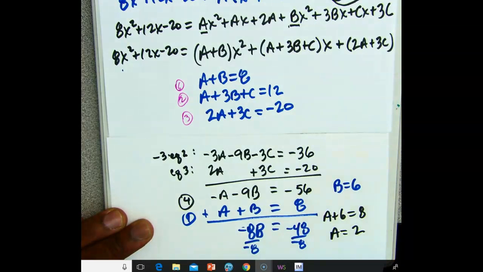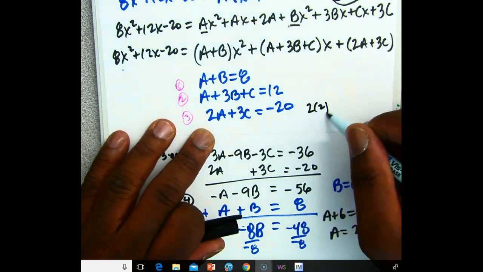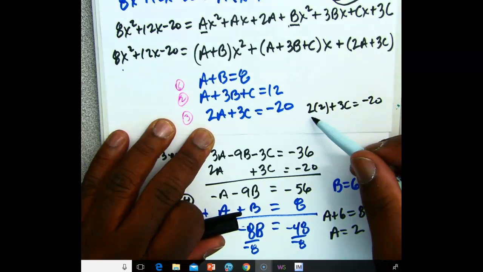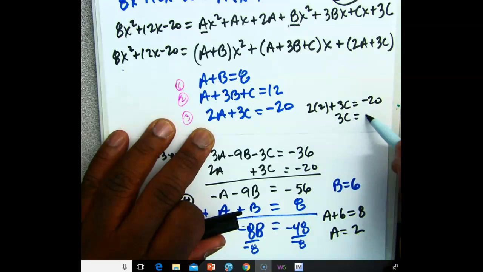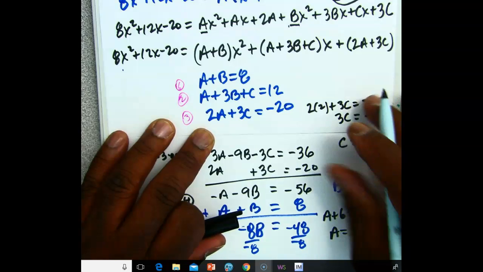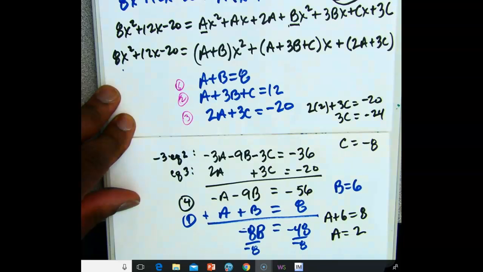Which one would you use to solve for c? 3? So if we use equation 3, then that's 2 times 2 plus 3c is negative 20. So this is 4. If we subtract 4 from both sides, 3c is equal to negative 24. And c, negative 24 divided by 3, is negative 8. So we ended up with a is equal to 2, b is equal to 6, c is equal to negative 8.